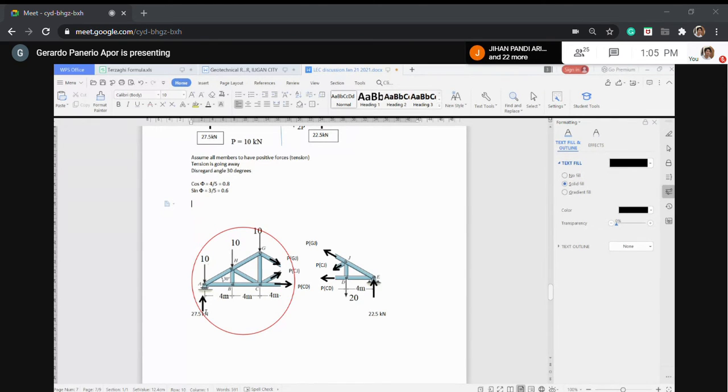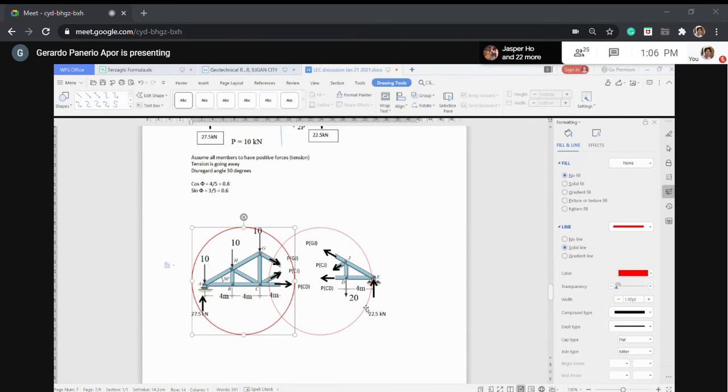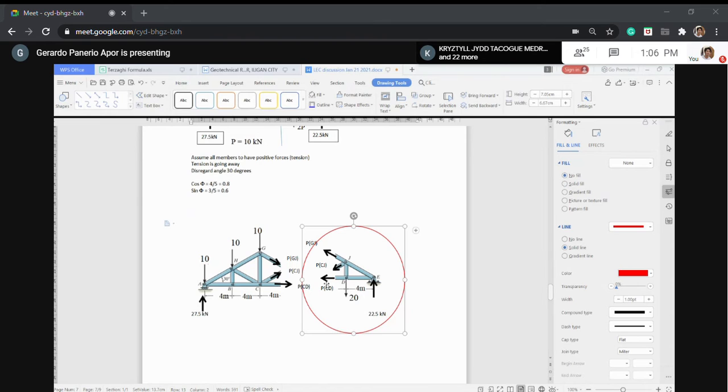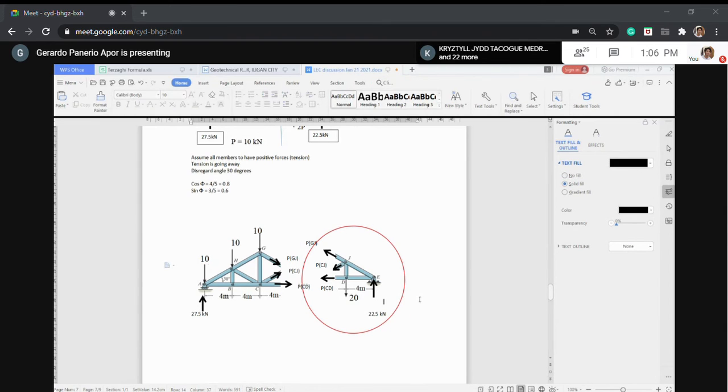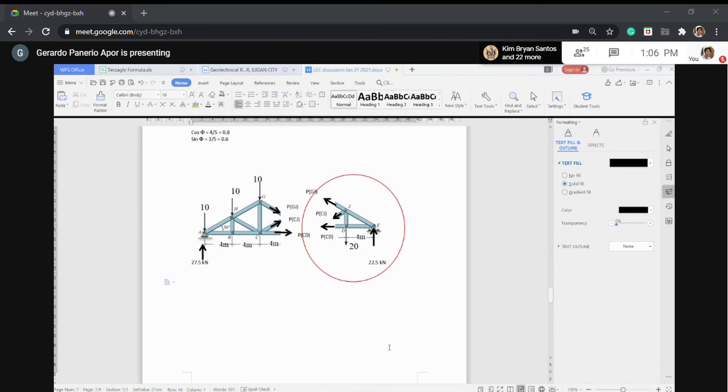So I have three. The fourth is the reaction, 27.5 plus 3. So I have 7 forces to take care of. Whereas if I consider the other, I have 1, 2, 3, 4, 5 only. So when we say convenience, you know already which one to choose. I am going to choose the last one. But there's really nothing that will stop you if you choose this.